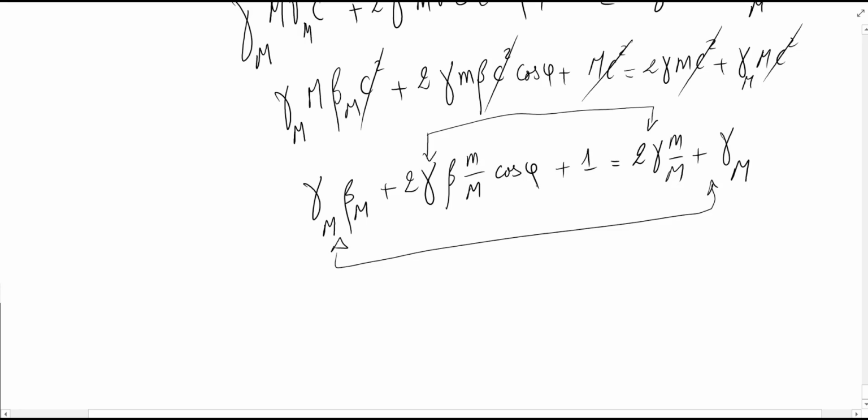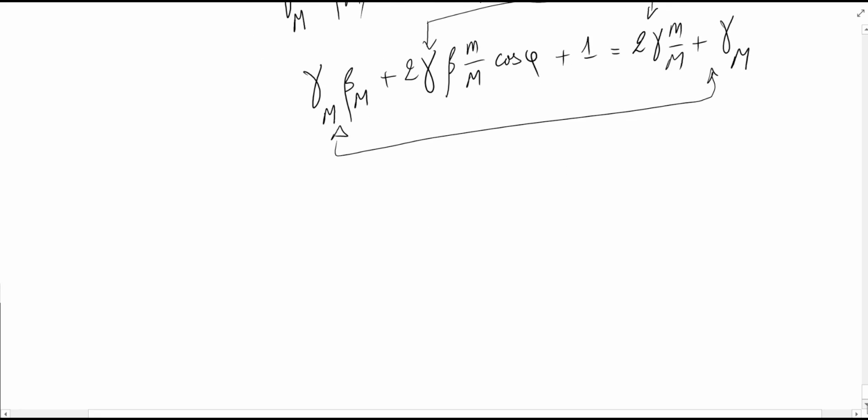So let's move everything to one side and leave the m over M intact. I have the 1 intact, so I write it first, plus gamma m, beta m minus 1, which doesn't make sense, because beta m is less than 1. So I have to write minus gamma m times 1 minus beta m.